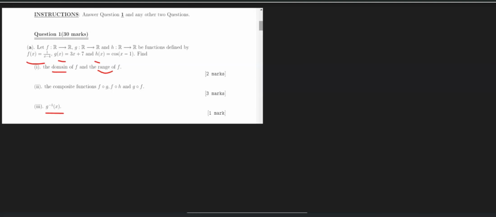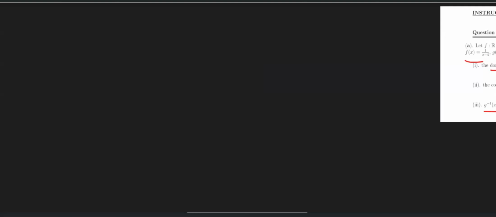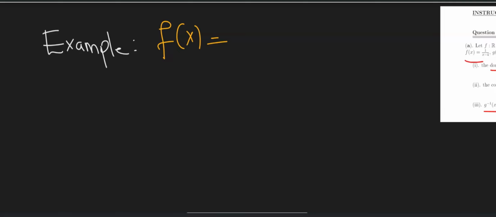Perhaps the next thing that comes is an example, so let me do this one. Given that f of x is 1 over x squared minus 4, you're told to find the domain of this function.